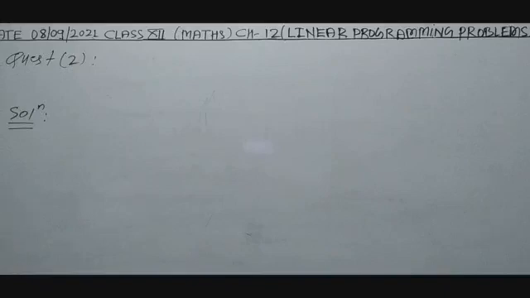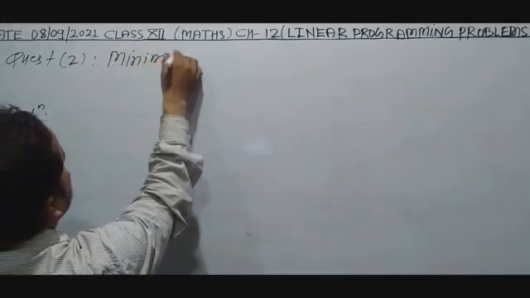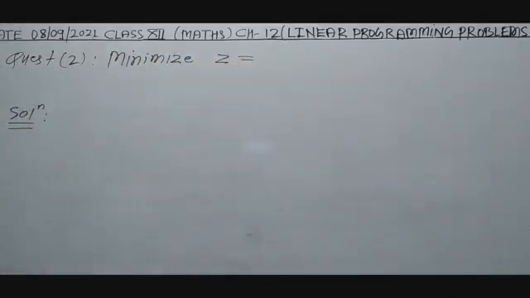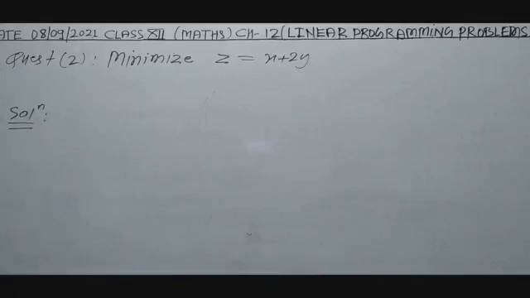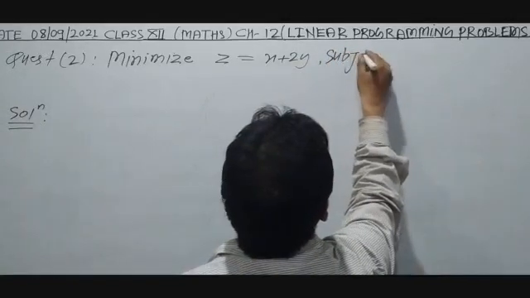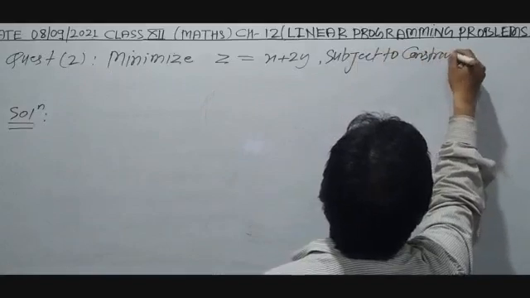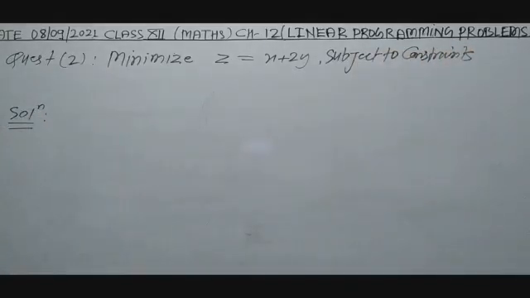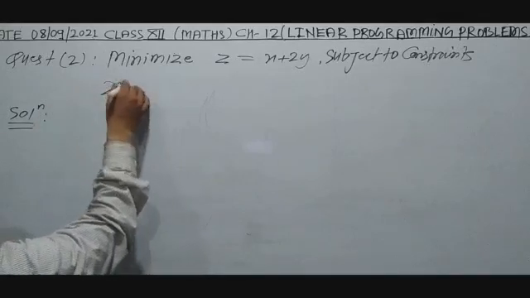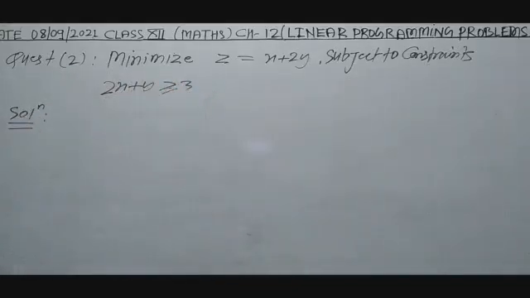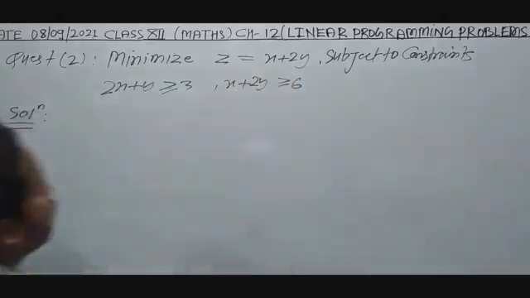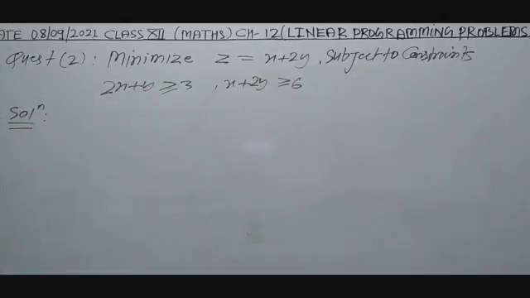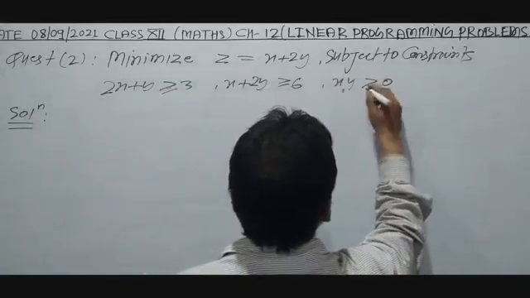Minimize capital Z is equal to x plus 2y, subject to constraints: 2x plus y is greater or equal to 3, and x plus 2y is greater or equal to 6, and x, y is greater or equal to 0.